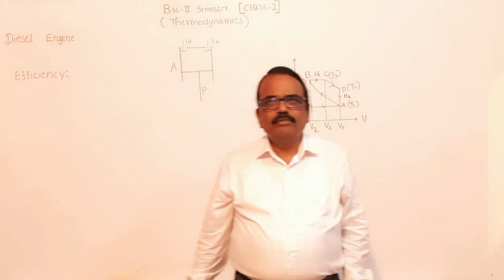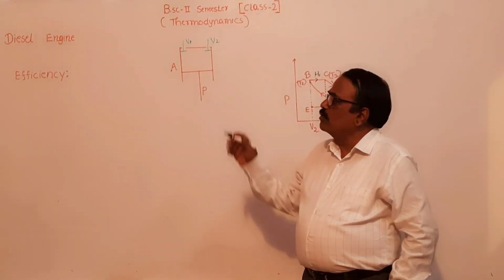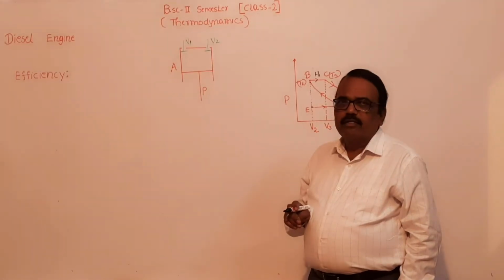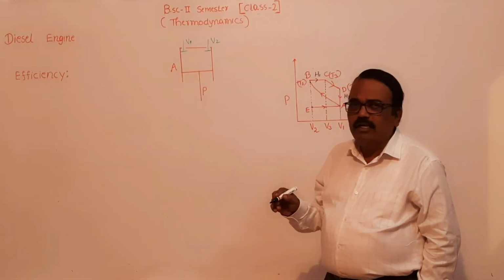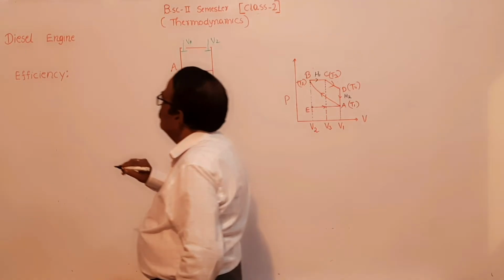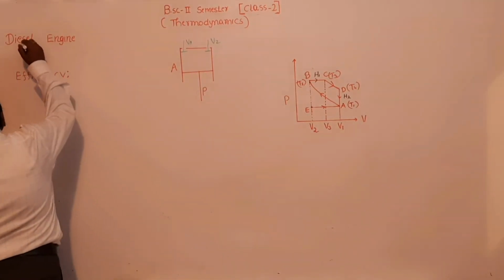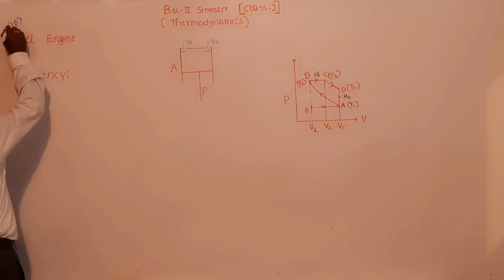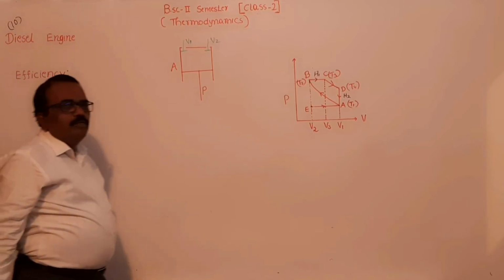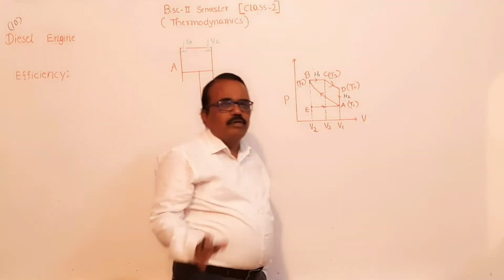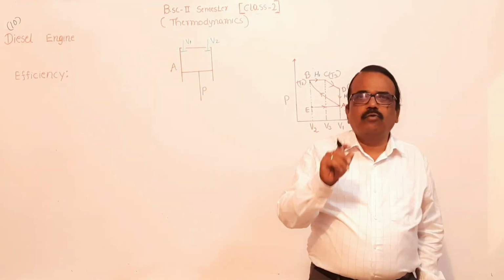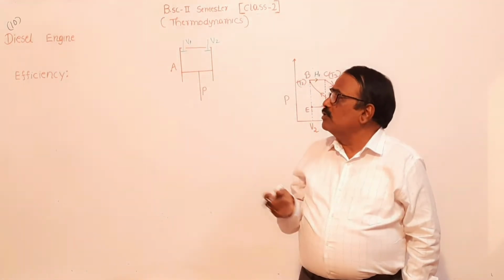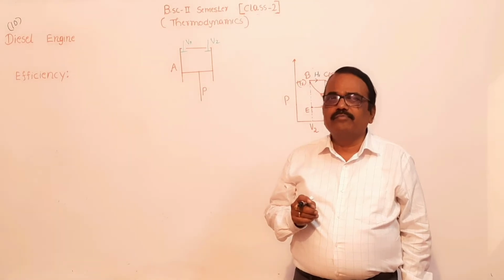Now on the same basis, we have to discuss another engine, which is known as the diesel engine. This also they will ask as a 10 mark question. So from this chapter, for a 10 mark question, either they will ask the Otto engine or this diesel engine.